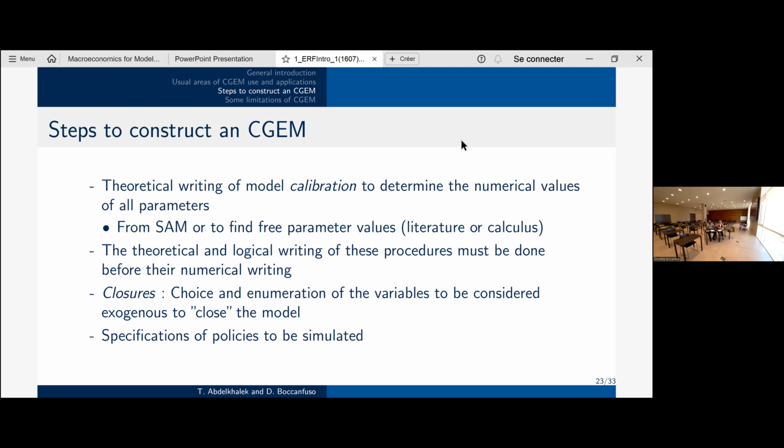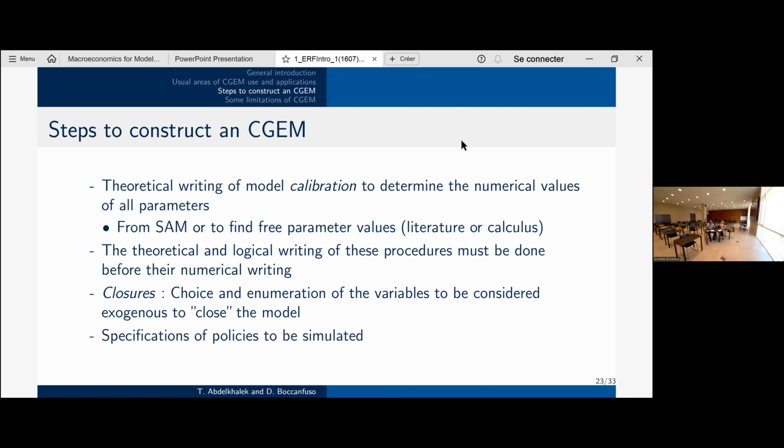Generally, we have more variables than equations in our model. We cannot solve this model in a mathematical way. A model can be solved only if we have the same number of equations as variables.